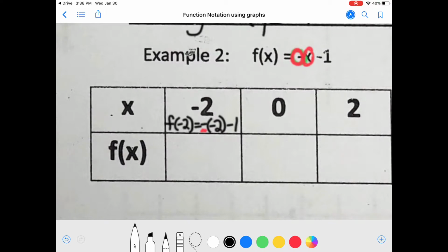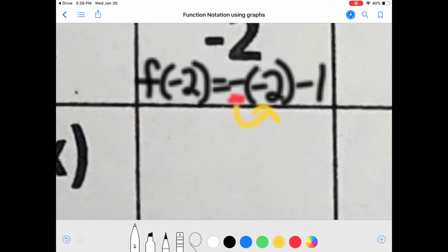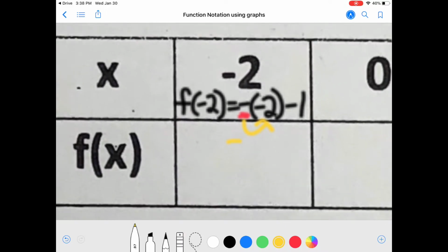So now we've got, I'm going to do it in yellow, negative times a negative. So we're going to have a positive 2 minus 1, and then 2 minus 1 is just going to give me 1.